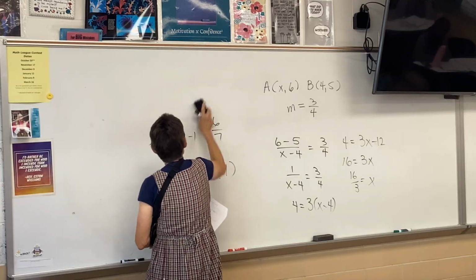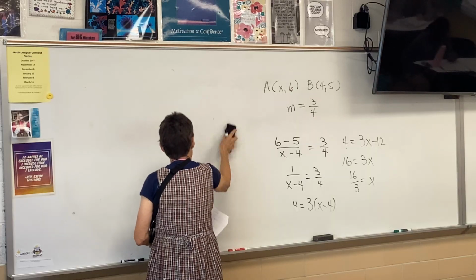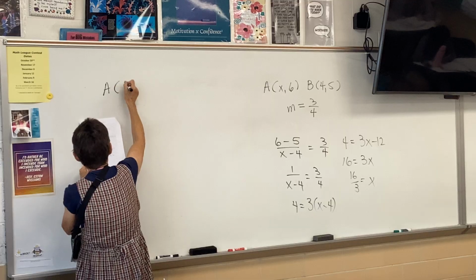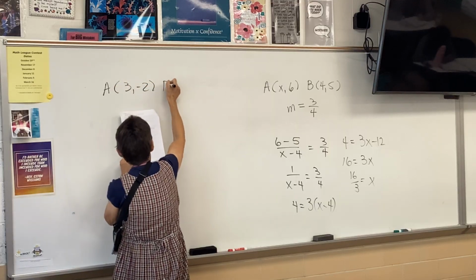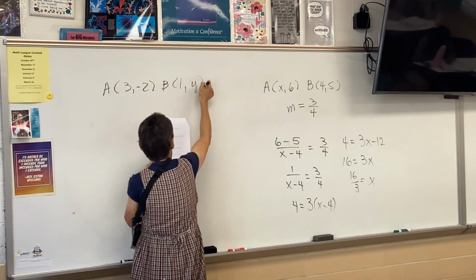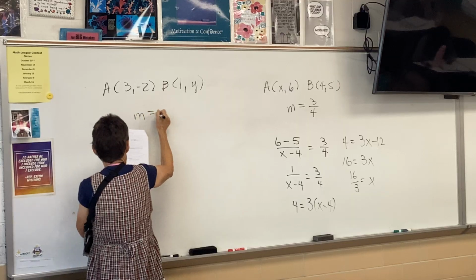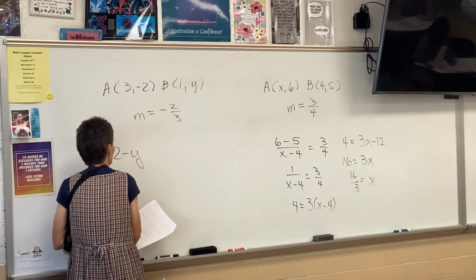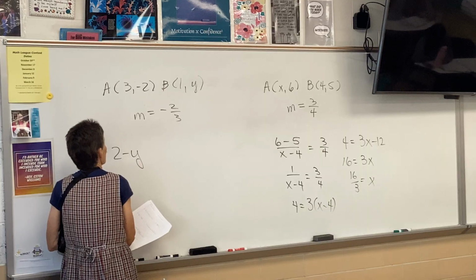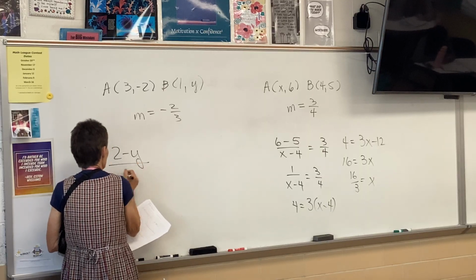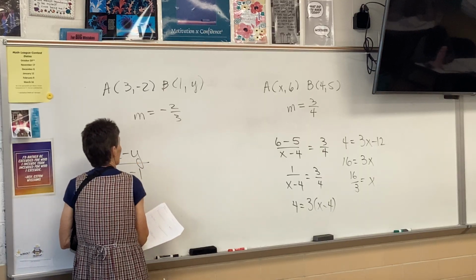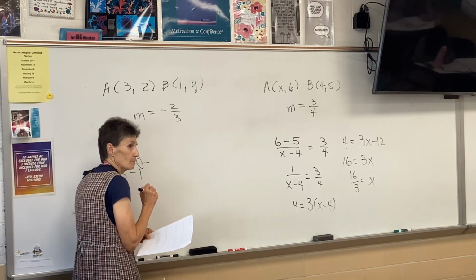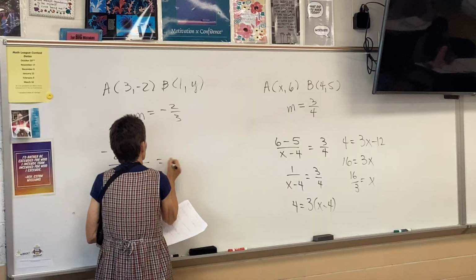Can anybody get us started on the next problem? What's going to be the very first step to get this ball rolling? -2 minus y. Okay, let me catch up. So -2 minus y, and then 3 minus 1, over 3 minus 1, and then equal to -2.